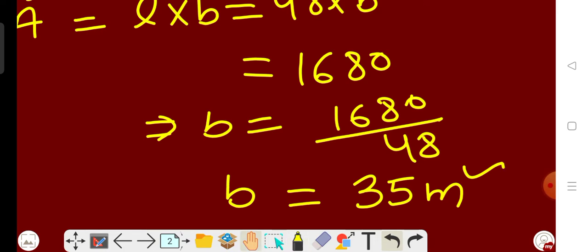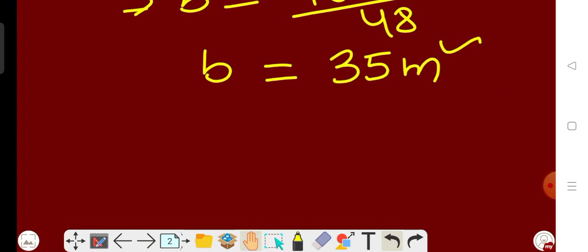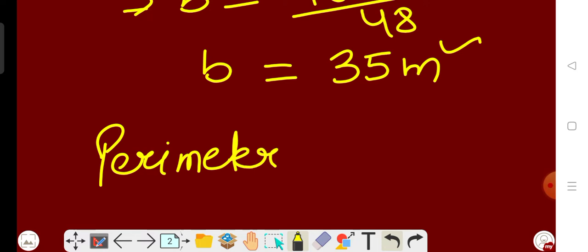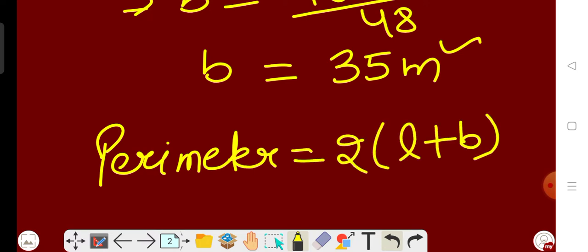Now we have calculated breadth. Again we have to find perimeter. To calculate the perimeter of a rectangle, the formula is twice of length plus breadth, that means twice the sum of length and breadth.